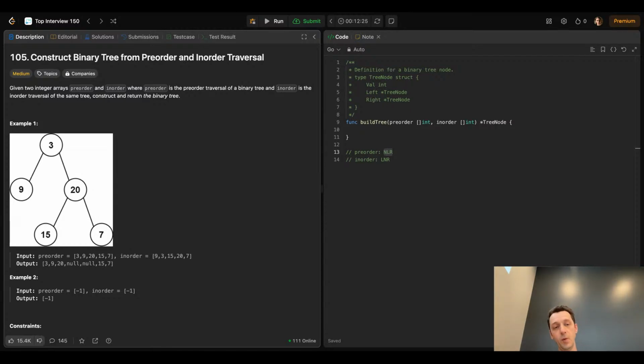Okay, let's put it that way. So it depends on whether there is a left child or not, and this doesn't tell us. So it could be like the one in the picture, or it could be a bit different. 3 could go to the right.